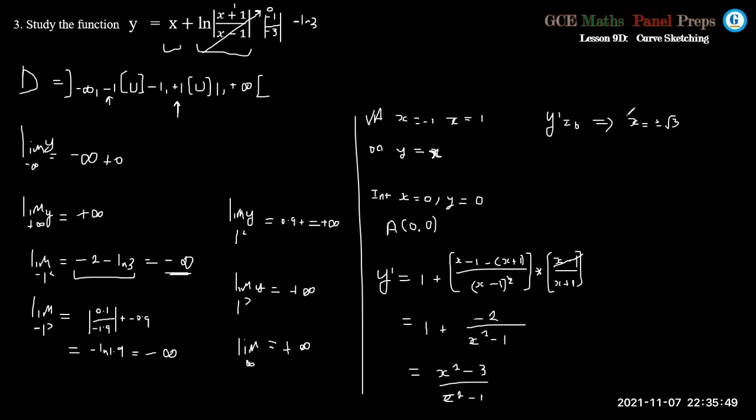Okay, so you can now look for y of plus root 3 and y of minus root 3. So you can do this one. What will be y of root 3? Let's get the value of y at x equal to root 3.